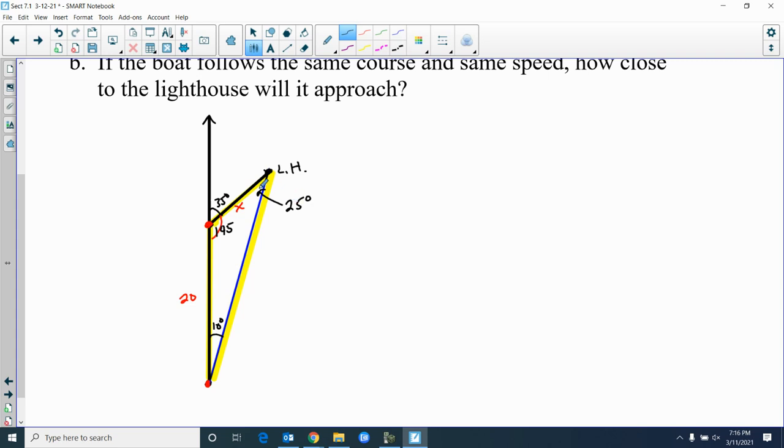Once I have that angle, I can find x because I can do sine of 10 degrees over x equals sine of 25 degrees over 20. Go ahead and figure out what x is.